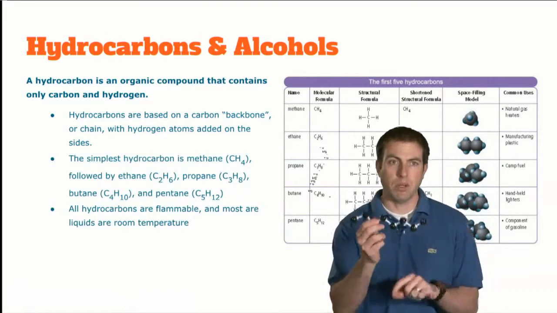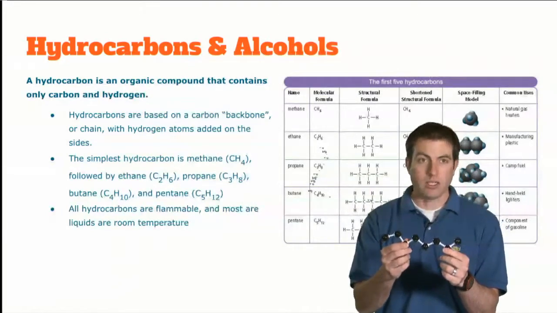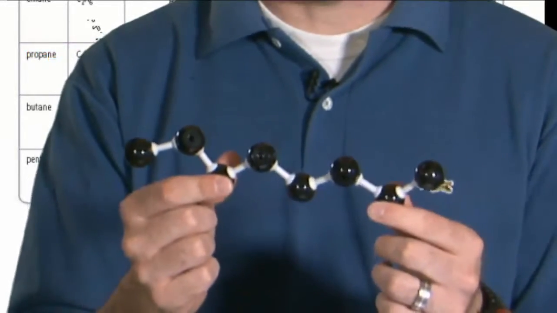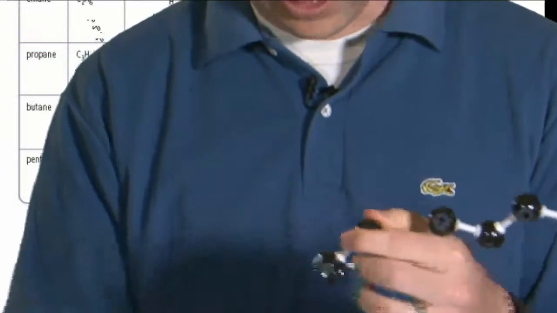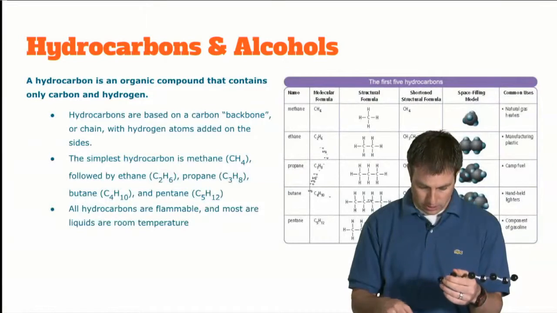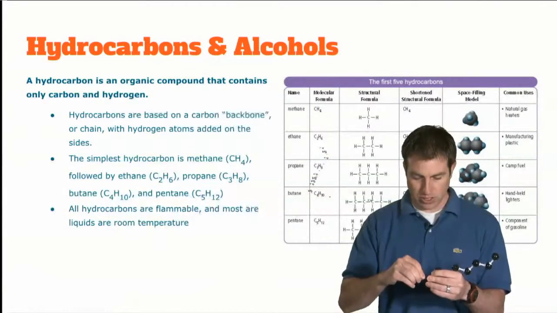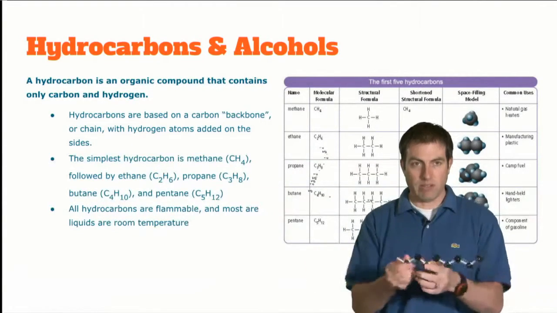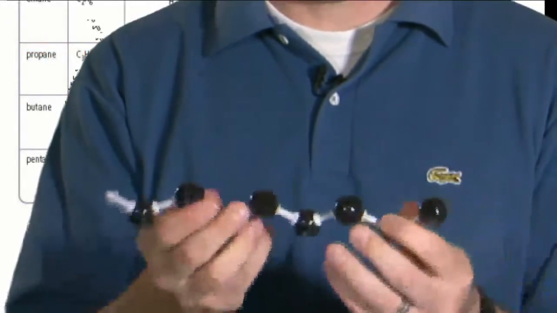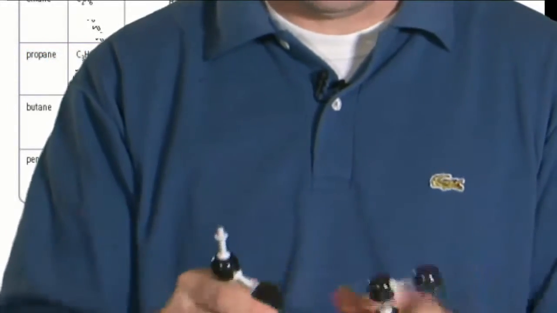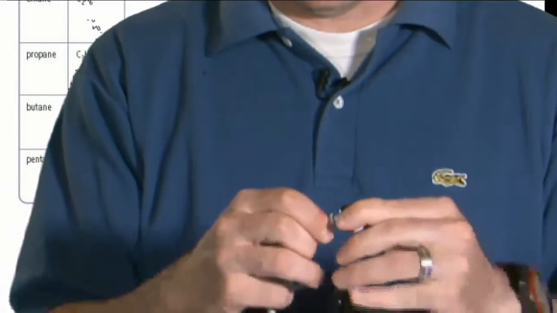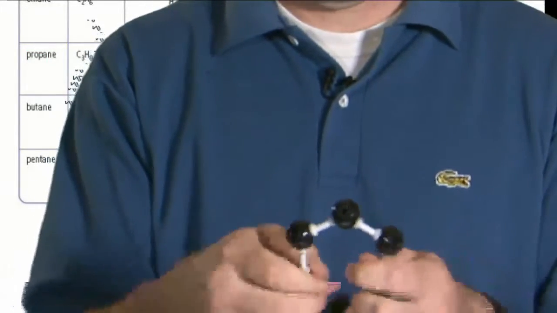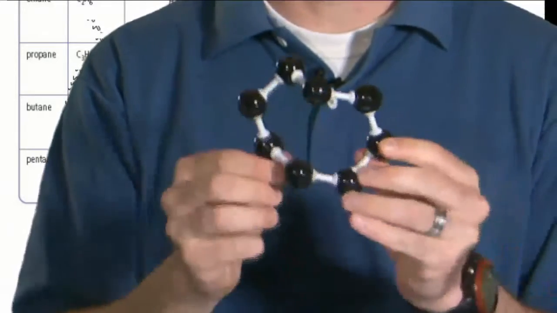I'll give you an example. This is what octane looks like, but octane doesn't always form this way. If I lose one, I guess I can't lose one. I'll add a little branch onto the end here. So I have 8 carbons. Now if I twist this guy a little bit, I can join them back together, and I end up with a ring.